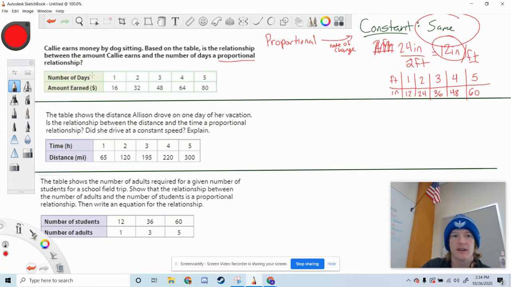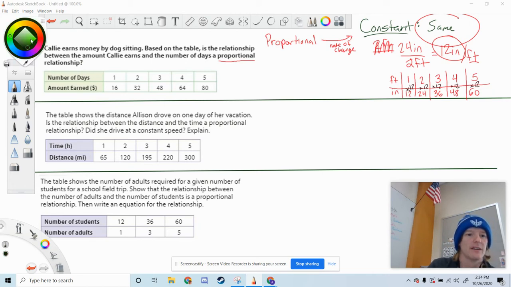It's always constant. We always multiply feet by 12, by 12, by 12, by 12, by 12. It's always times 12, no matter what, because it's constant. So we need to look at this table and decide, is this constant?